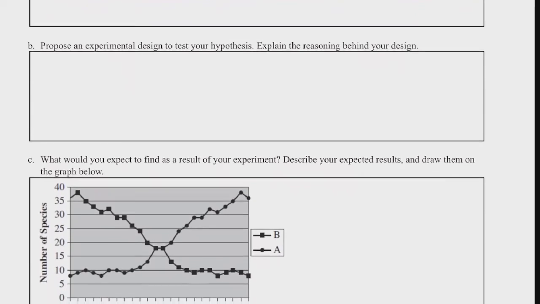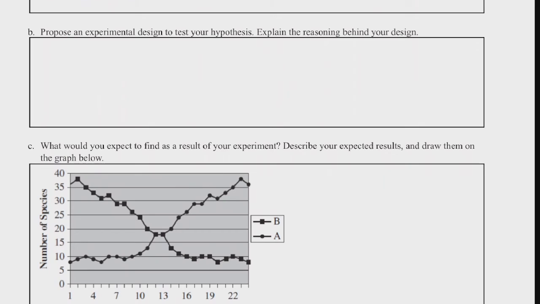And then B, propose an experimental design to test the hypothesis.